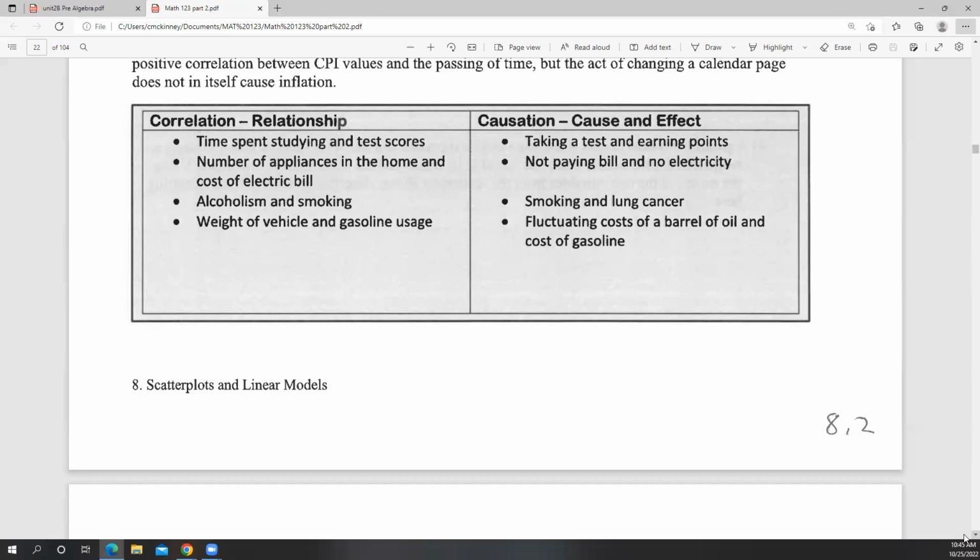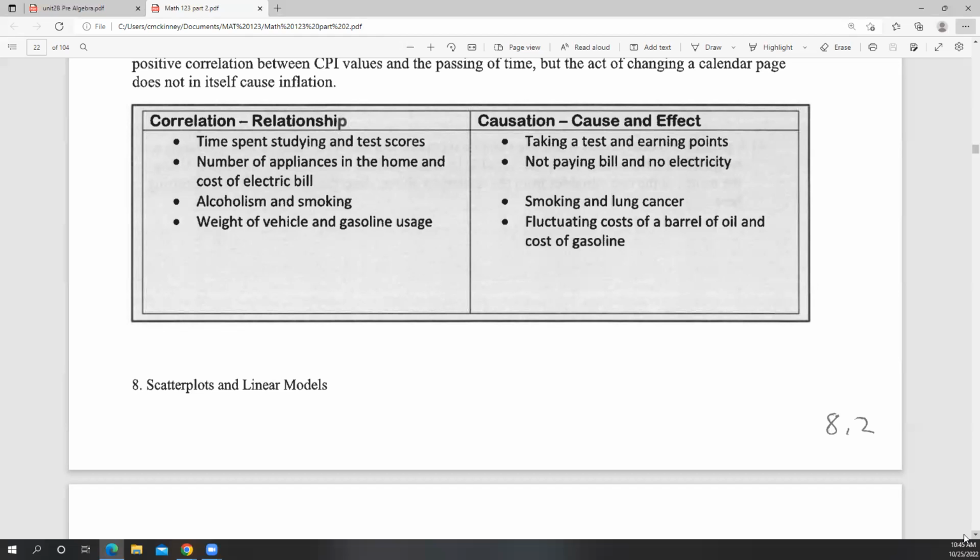The number of appliances in the home and the cost of an electric bill could also have positive correlation. Alcoholism and smoking could also have, as one increases, the other incidence increases. That does not mean it causes you to smoke. The weight of a vehicle and gasoline usage.